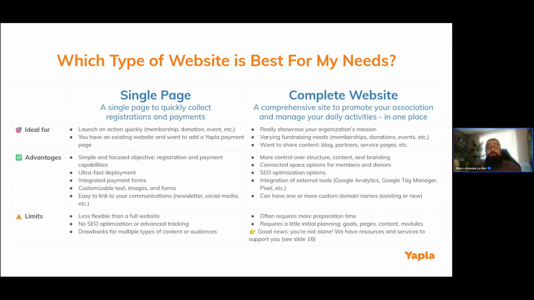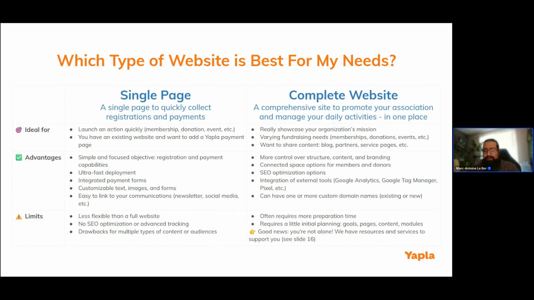Of course, working with the full website feature of the platform, you're going to have a lot of control over what you offer, be it through the base template that you're going to be able to work with, or if you want to go into a fully customized branding, look and feel of your website. You're going to be able to offer a more complete connected space. In the single page, you can still give members access to their profile.